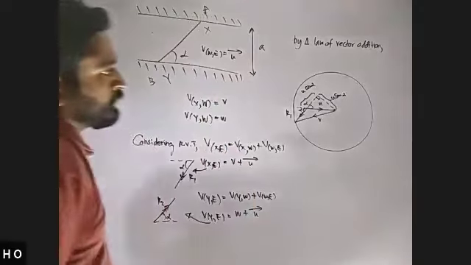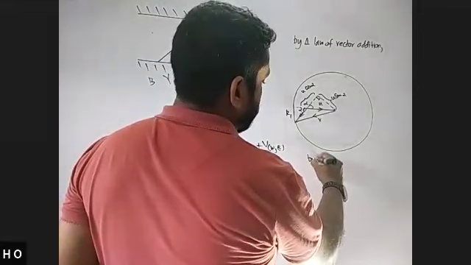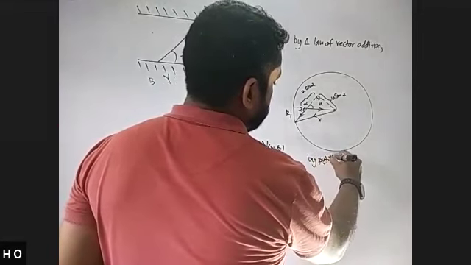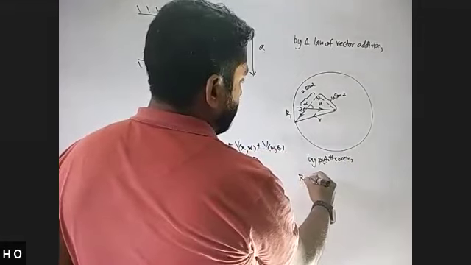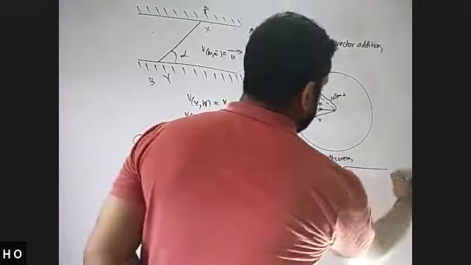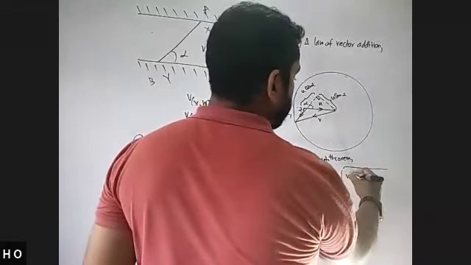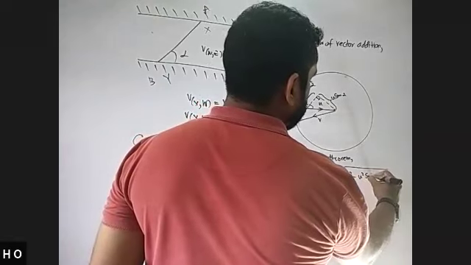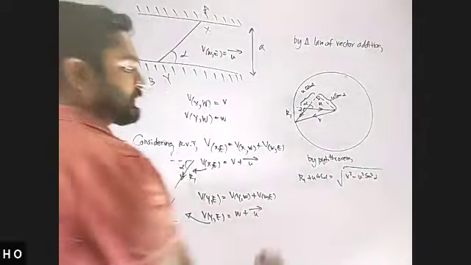There, we apply the Pythagoras theorem for this triangle. By Pythagoras theorem, what should R1 plus u cos alpha be? It should be the square root of b square minus u square sine square alpha, positive root because we expect a positive answer.